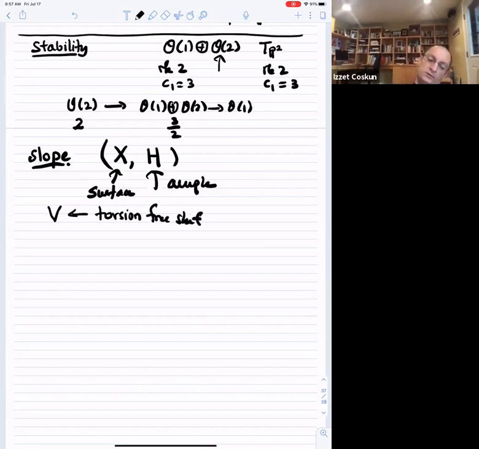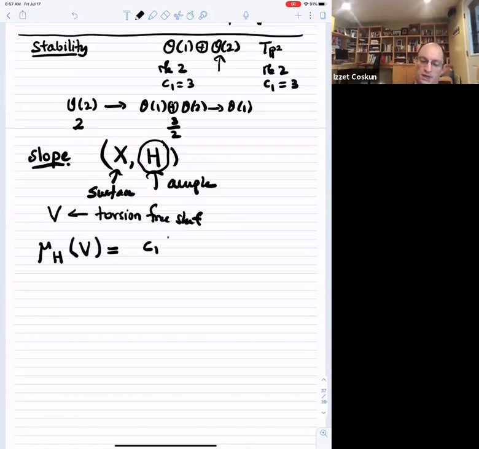Okay, so then the slope depends on the ample that you've chosen. So the H slope of V is the first Chern class of V dot H divided by the rank of V, okay?